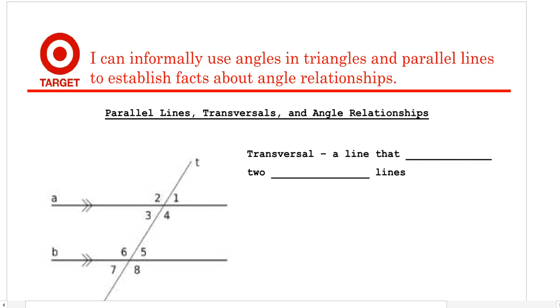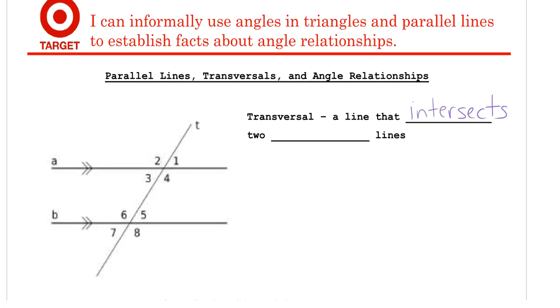So what is a transversal? A transversal is a line that intersects two parallel lines. So if we look at our diagram, we see that we have two parallel lines, A and B, and we can see that they're parallel because of these double arrows.